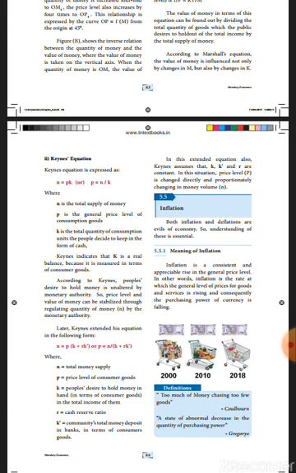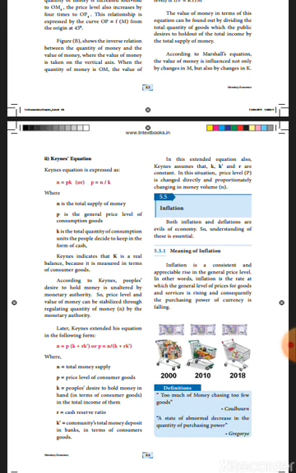Now we are going to see about inflation. Inflation is nothing but a steady increase in price level. Deflation is nothing but a sudden decrease of price. Both inflation and deflation are evils of the economy.